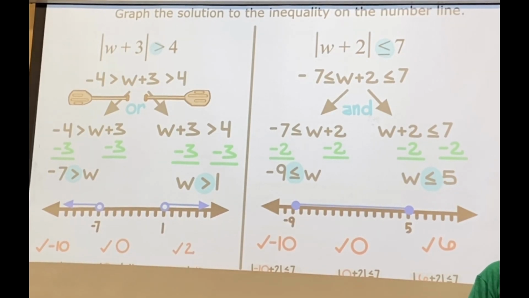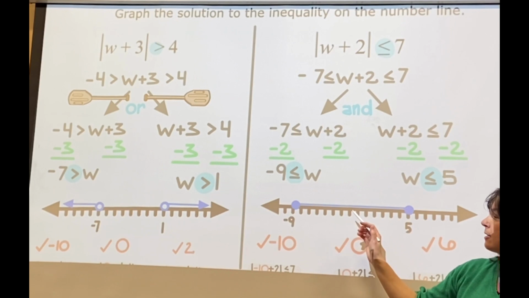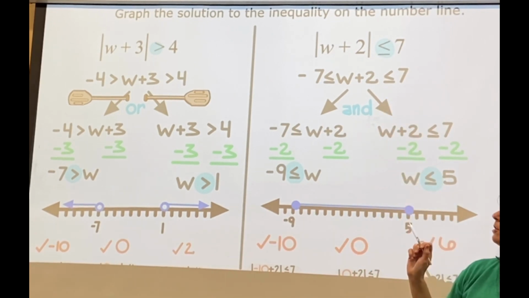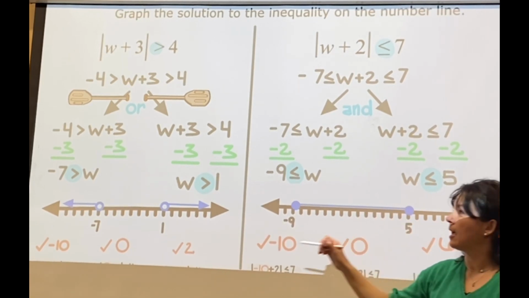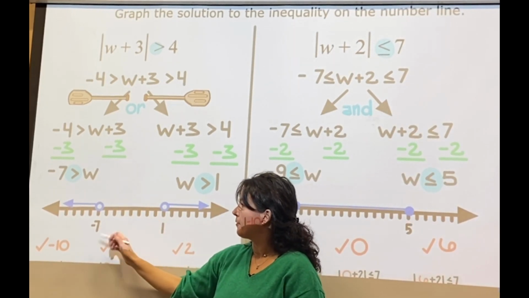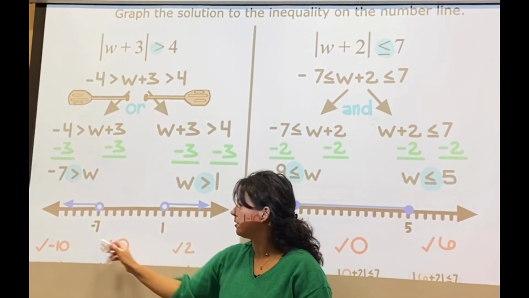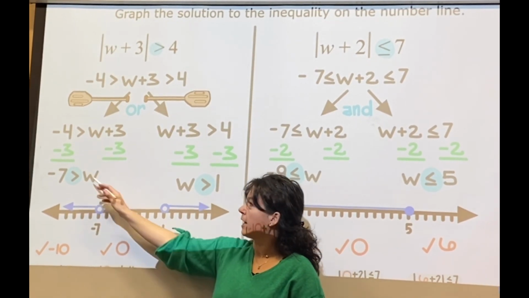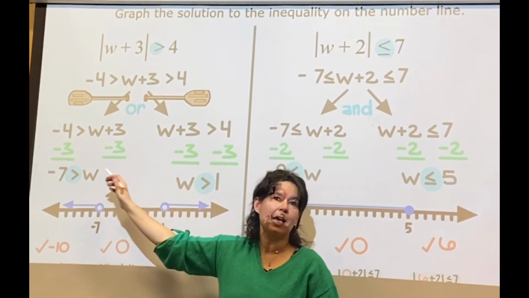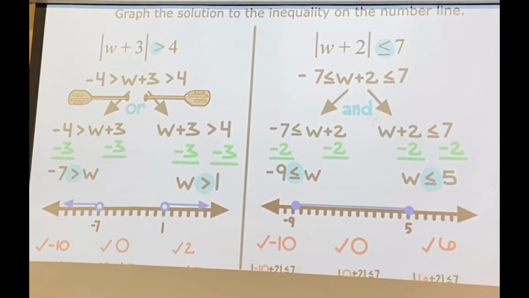And then all the extra math in there is just to verify that a solution means the number works in the original, or the number works in both when it comes to an and. And if it's an or problem, it has to work in one or the other, so in at least one of those.